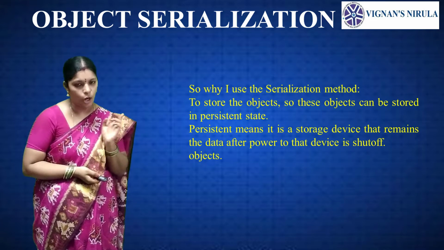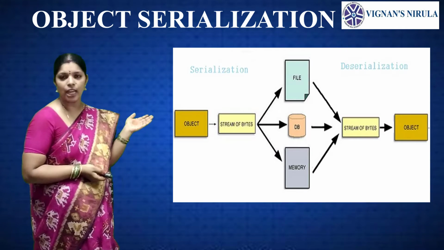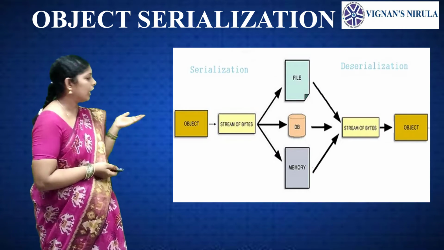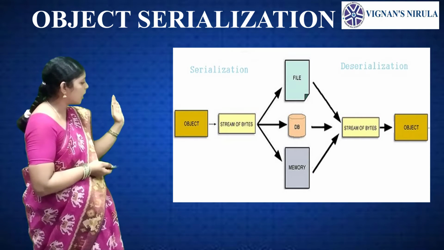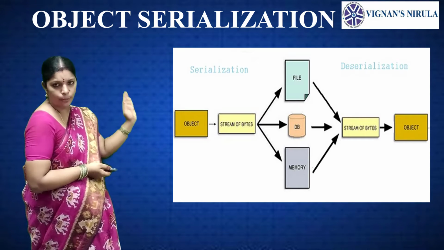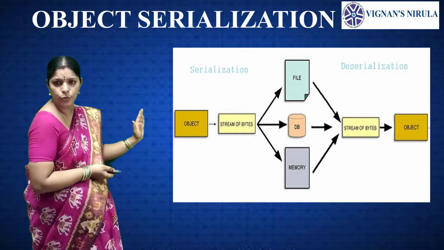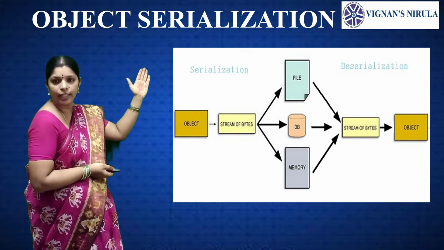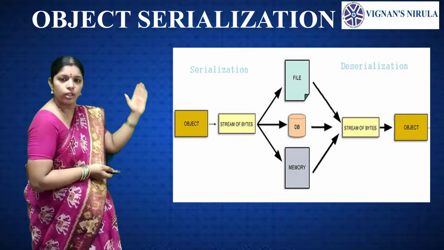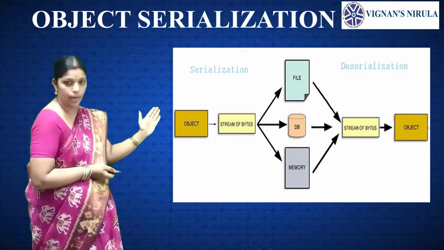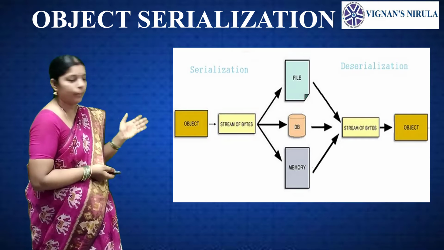or Externalizable interface. And let's see the object serialization picture. Here the object is converted to byte streams, and what are the contents we are having in the byte stream? We are having the file, DB, and memory.